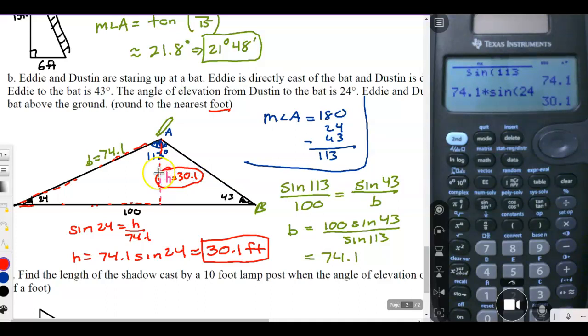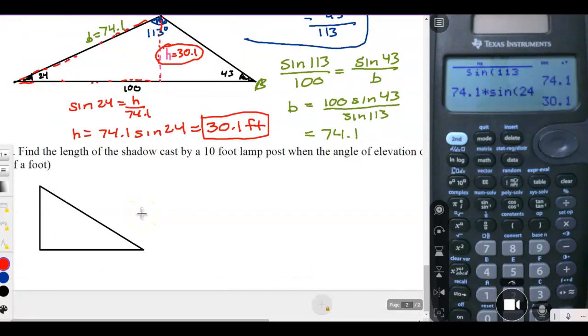Alright, last problem. Find the length of the shadow cast by a 10-foot lamppost. So the lamp is 10 feet tall, and we want to find the shadow cast, which would be down here. I can call this S for shadow, and it says the angle of elevation is 58.